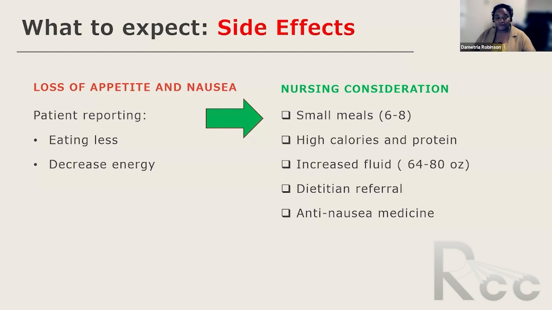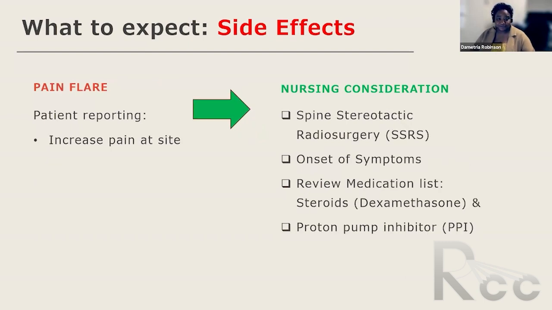But again, if you start to have some nausea or vomiting, you want to take that nausea medication around the clock. So that is important. Hydration is also important. Even when I have a loss of appetite and nausea, we don't want to have to deal with dehydration. So again, 64 to 80 ounces is very good during this treatment.